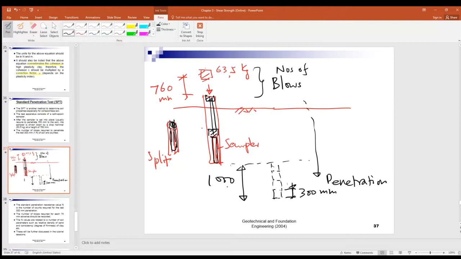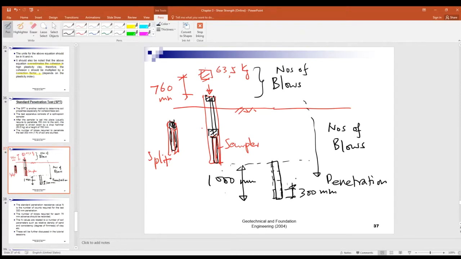It's usually about 1000 mm. Okay. When you drive this sampler tube, right, go into 1 meter further below. For the last 300 mm penetration, what's the number of blows?